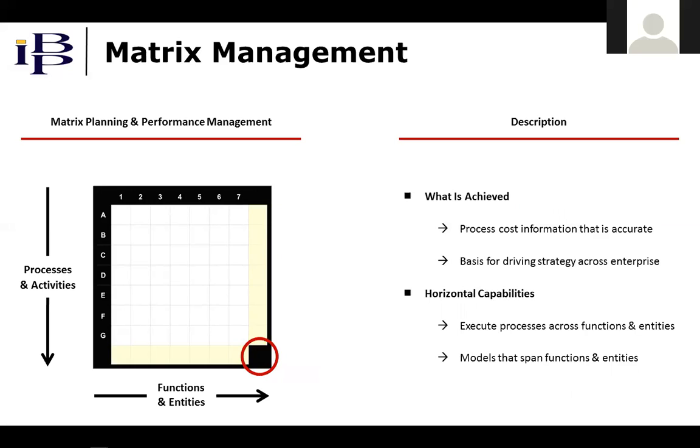And in a lot of operational excellence and process improvement, one of the things that inhibits those efforts is that people don't believe the numbers. If they're not reconciled to the budget and the actuals, people don't believe them. So this really provides a basis for driving those efforts, and also driving strategy across the enterprise. These are horizontal capabilities, where you can execute processes across functions and entities, and these models span different functions and entities.